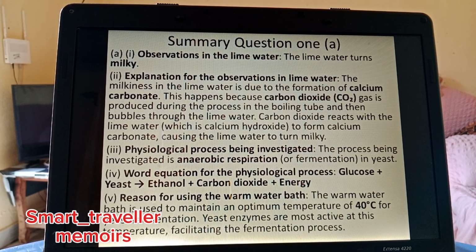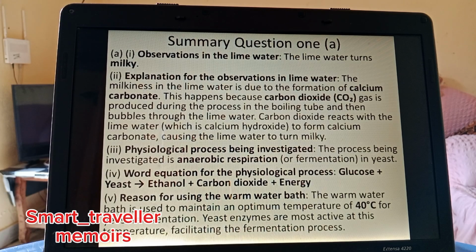Physiological process, Roman 3, being investigated. The process being investigated is anaerobic respiration or fermentation in yeast. The equation for the physiological process: glucose plus yeast gives you ethanol plus carbon dioxide plus energy.